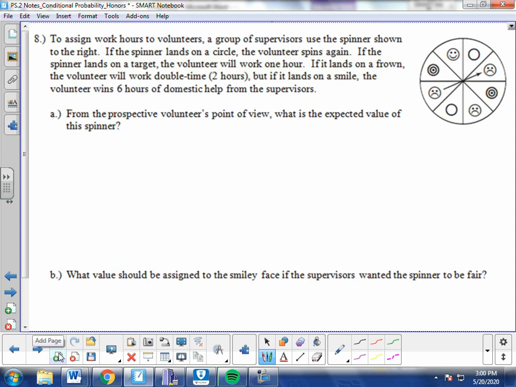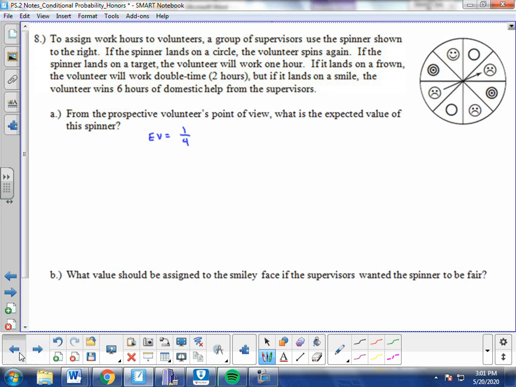So if I'm trying to find the expected value here in 8A, the first event I could get is that the spinner lands on a circle. So there's 2 circles on the board, and we're going to assume that these again are all in even pieces.